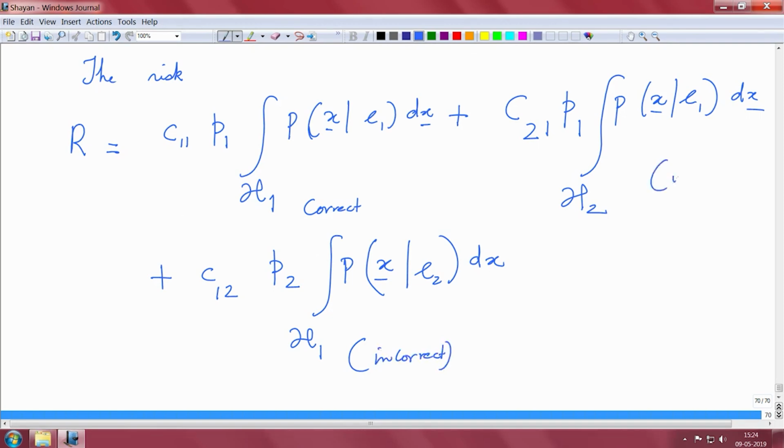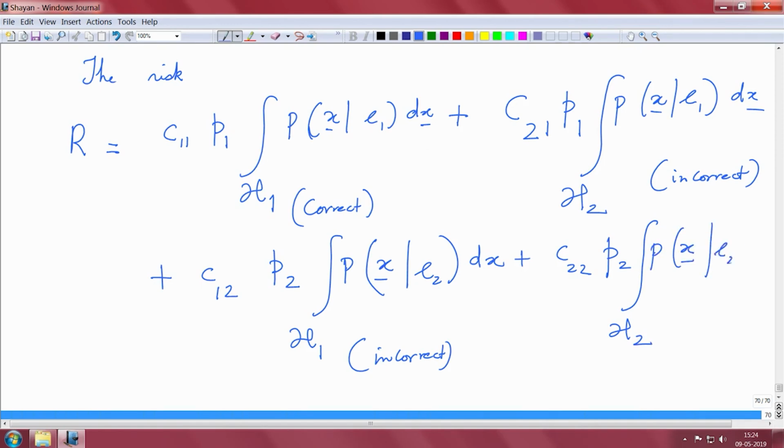Similarly, here this is incorrect and C22 is correct. I assume that the true class is 2 and it is also labeled as 2, and the a priori associated with it is P2, and I integrate this over the space H2 of the conditional distribution x given C2 dx. All of these are vectors, so I need to put a bar.